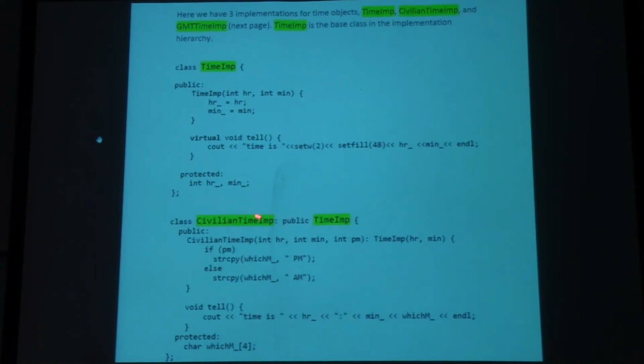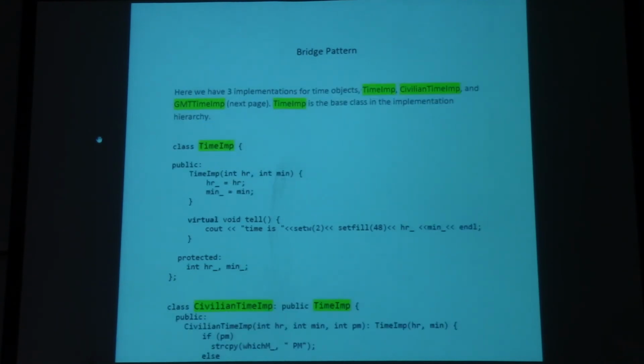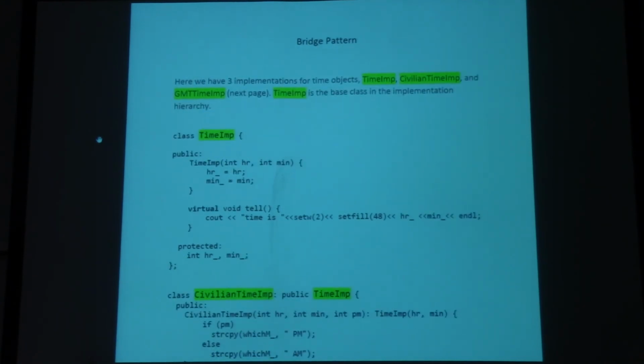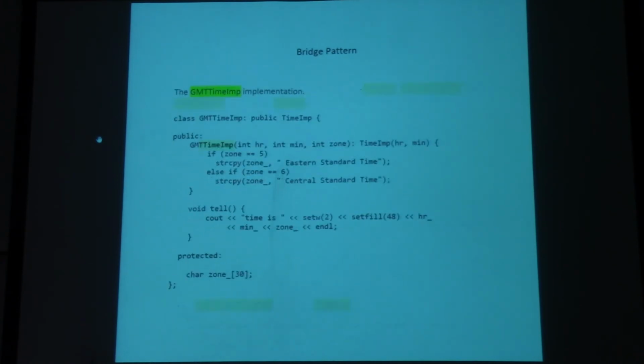So here's where we specialize it. The GMT, Greenwich Mean Time, time implementation will also be a subclass of time implementation. So we have subclasses of the implementation, time IMP, and these guys are subclasses of the time abstraction.